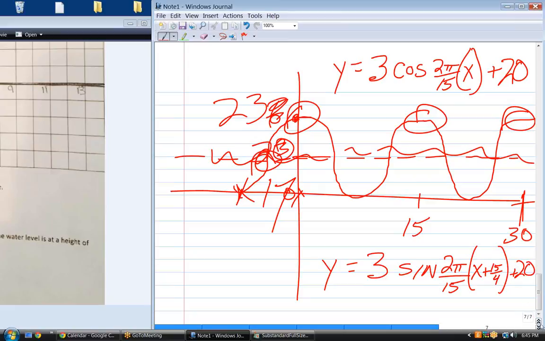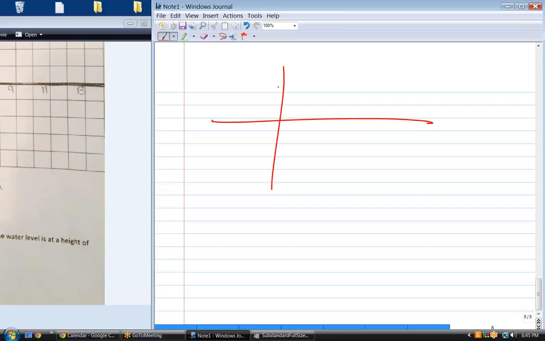Remember when I had my regular cosine, which looks like this? Well, that has a period of 2 pi. To draw it as a cosine or as a sine curve, this period right there is pi over 2. In other words, I've got to take my normal sine curve, which would start here, and move it to the left by pi over 2 in order to get the cosine curve.